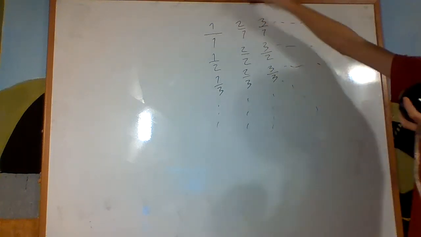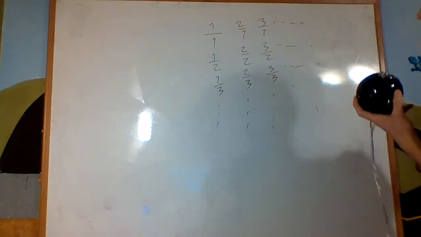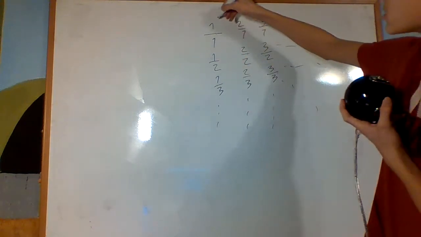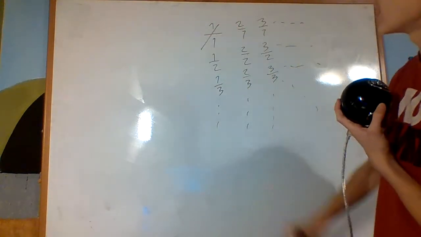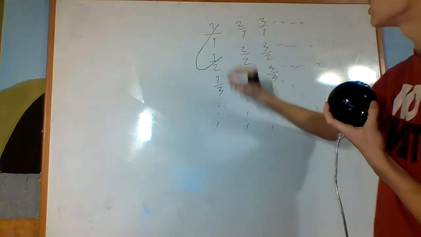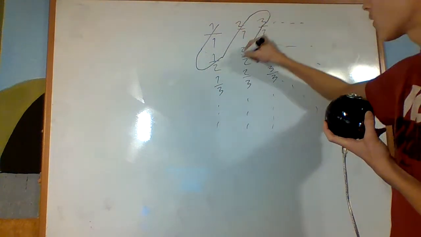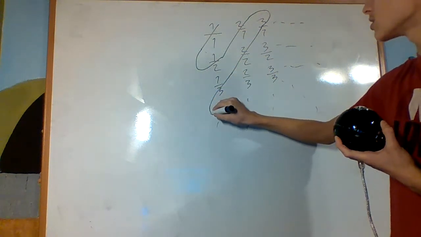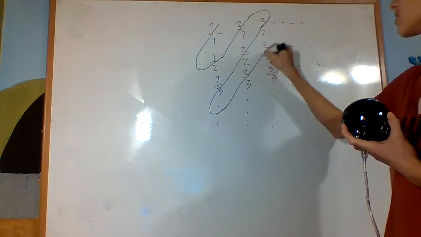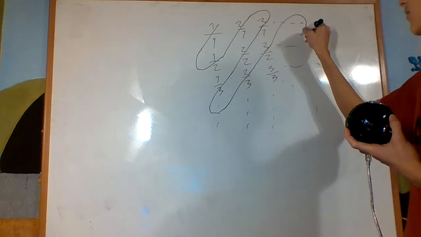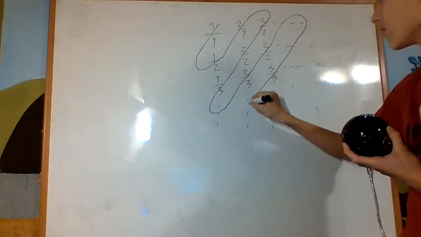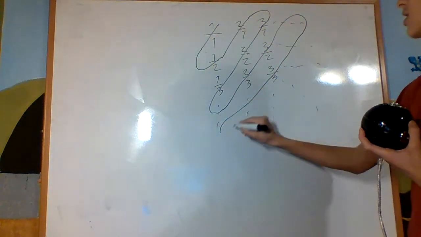If we can just list this, how can I list this? Well, what you do is you start here, 1, wrap around, 2, 3, 4, 5, 6, 7, 8, 9, 10, 11, 12, 13, 14, 15.